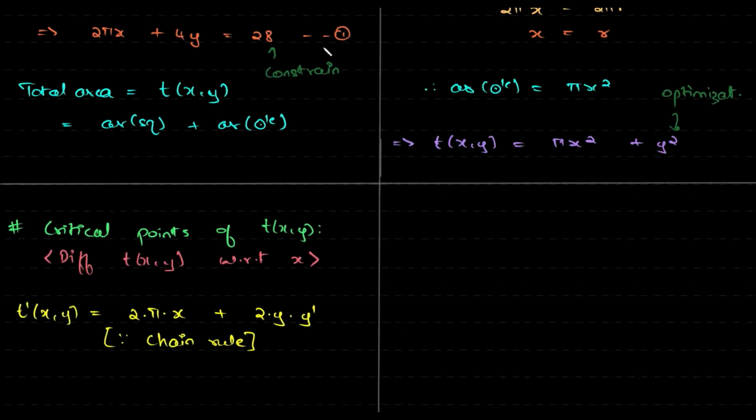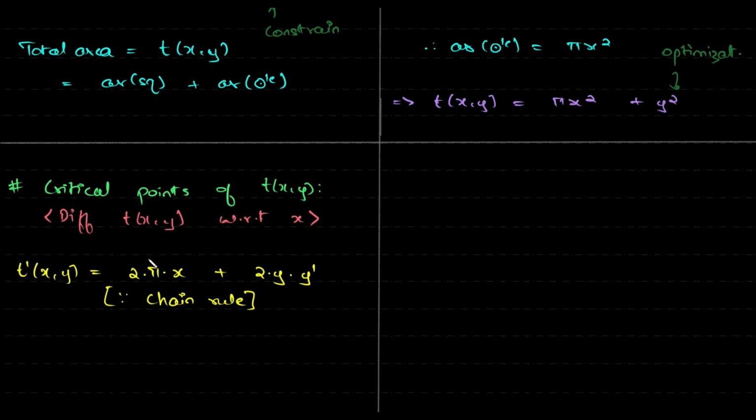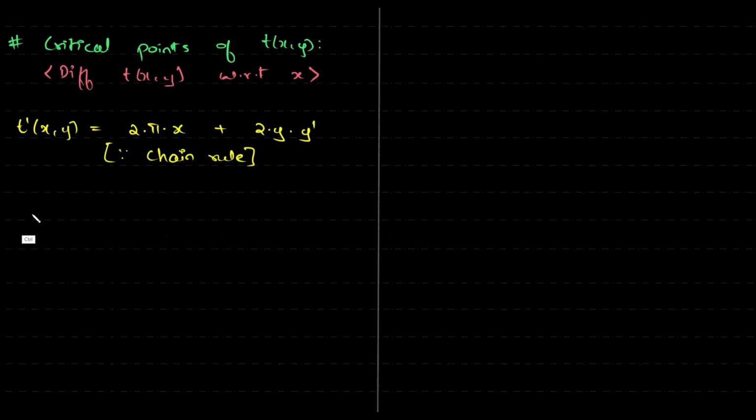For y, we have equation 1. Where will you get y prime from? We will get y prime from the first equation itself. So what will we do? We're going to differentiate 1 with respect to x, and so that would be 2 pi into 1 plus 4 into 1 into y prime is equal to 0.